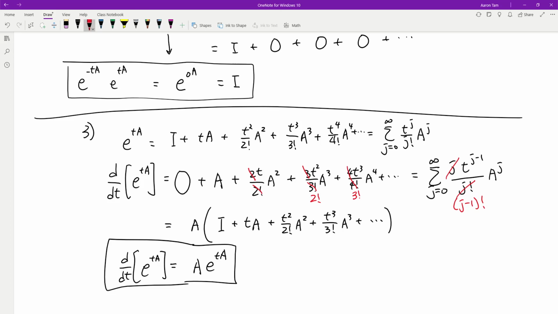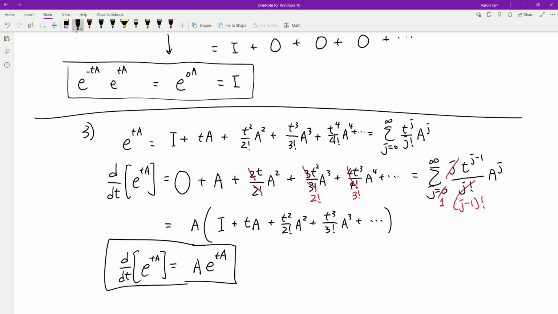Also, an interesting thing is that the derivative of the first term goes away and becomes the 0 matrix. So therefore, I can now discount the 0 term and start with the first term.